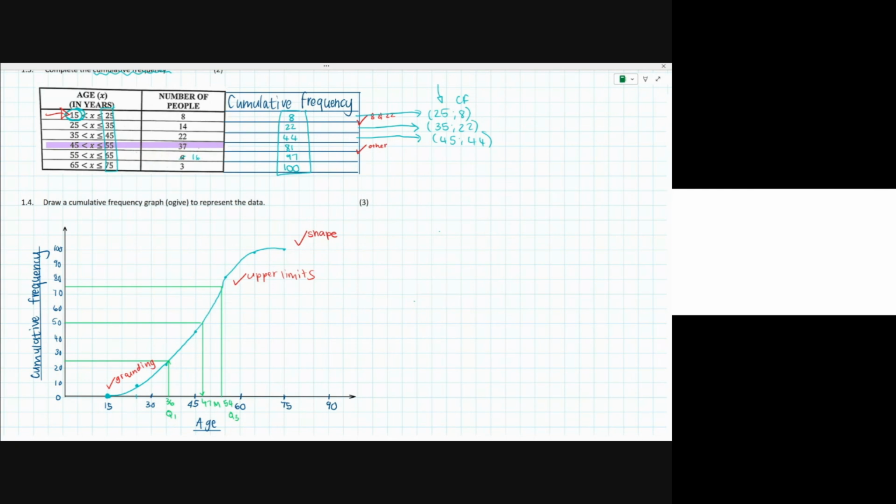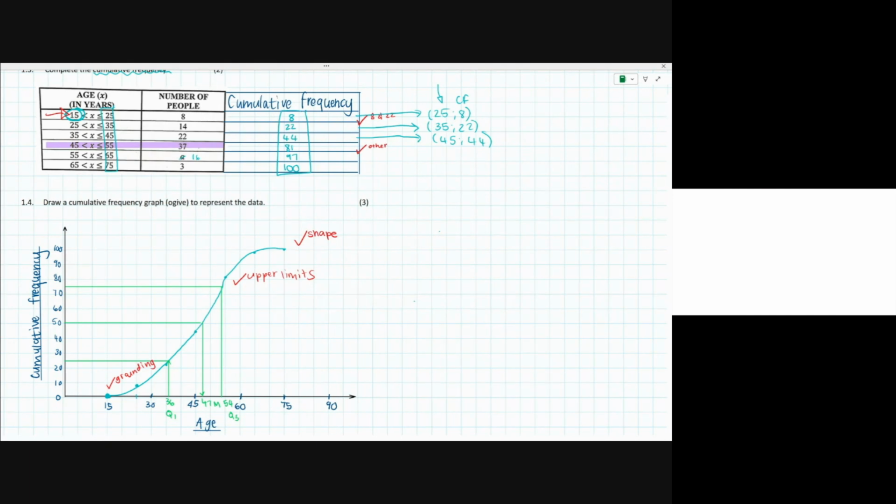We think that it might come up. Obviously, that is just what we think. We have absolutely no idea what's going to come up. That's just our suspicion. But if we've already drawn an ogive, probably not a box and whisker as well. It's a lot of drawing. If you do draw a box and whisker, we will have given you the ogive, or we'll give you the box and whisker and ask you to answer questions based on that.